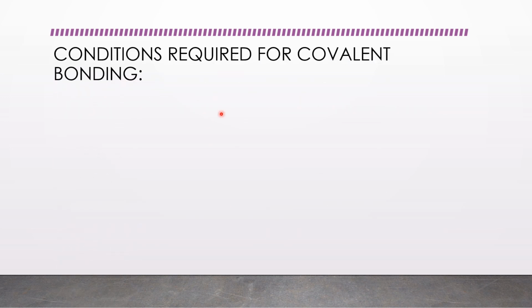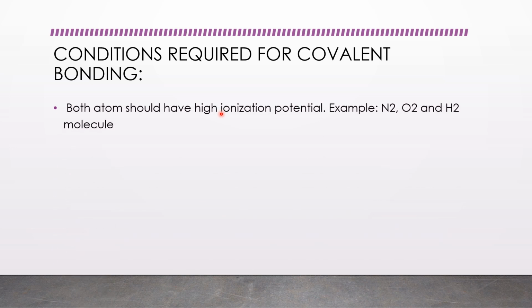And in this also the conditions are required. Okay, let's see the conditions. In this both the atoms have high ionization potential. N2, O2, H2, Cl2 molecules are the examples for covalent compounds because they have high ionization potential, and both the atoms have high electron affinity value too.